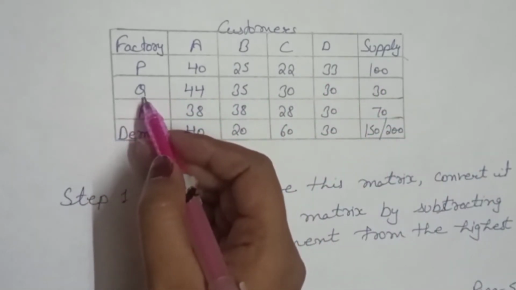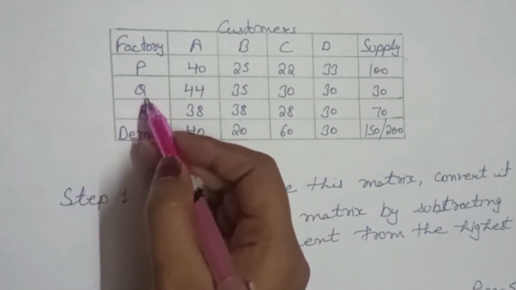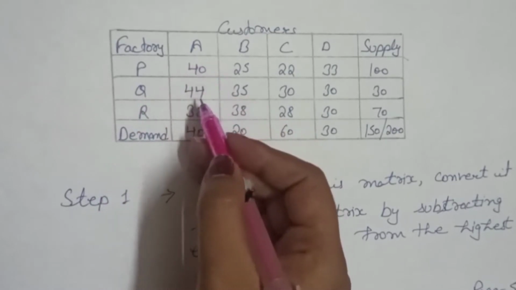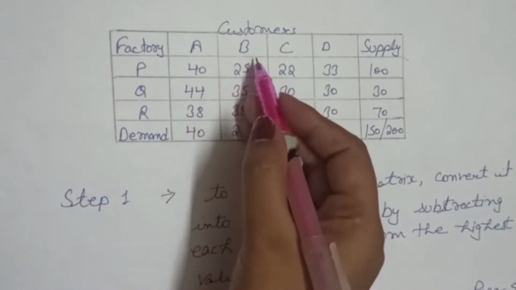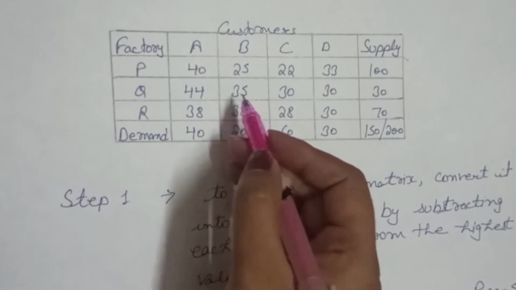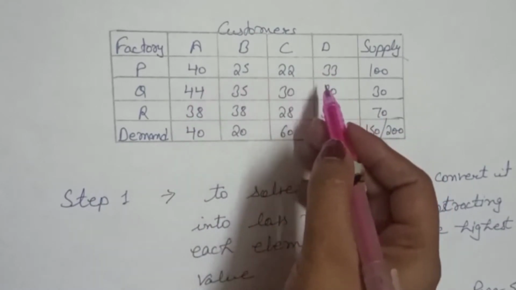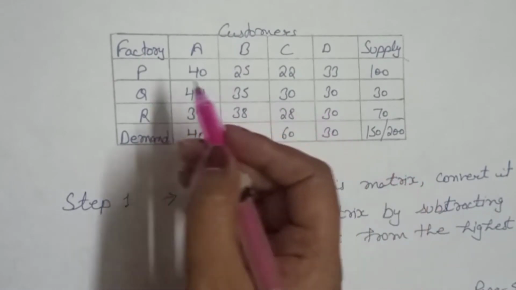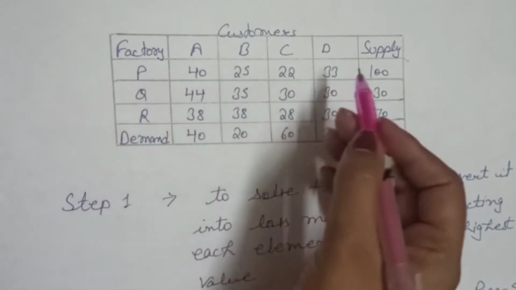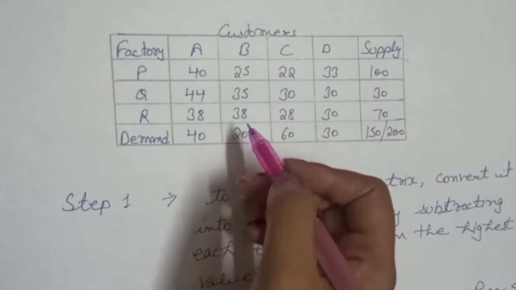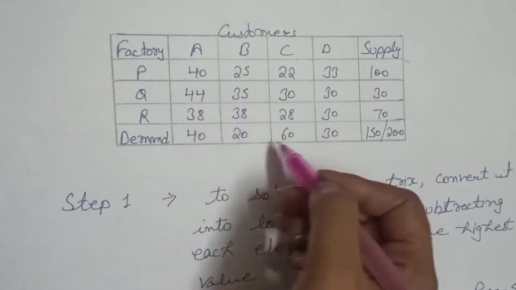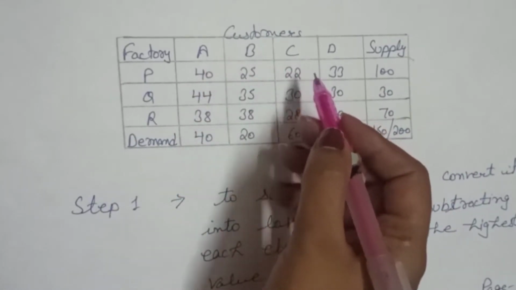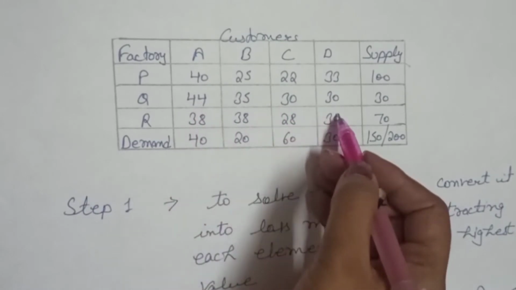In the similar way, if Q supplies products to A, then the profit will be 44. If to B, then the profit will be 35. So these are our profits. We have to maximize our profits, meaning we have to supply the products in such a way that we can satisfy the demands of all the customers and also maximize the profit.